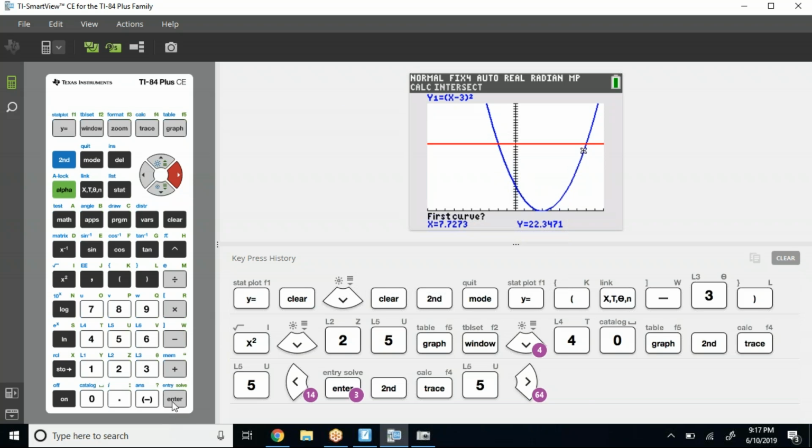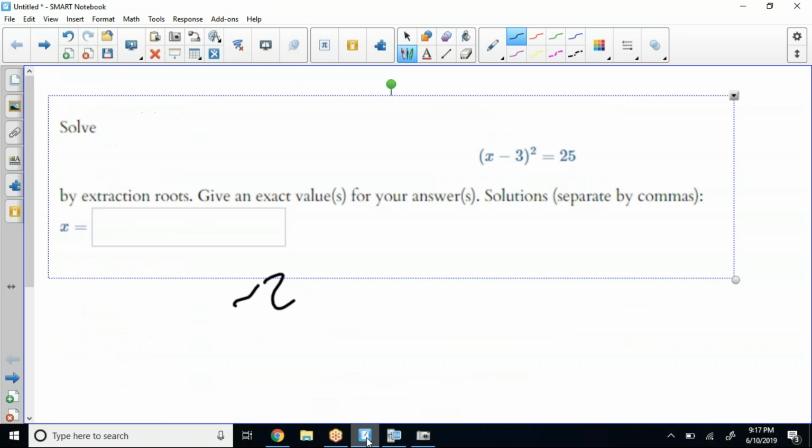So we'll just move it over there, enter, enter, enter, and that's at 8. So the answers are -2 and 8. You need to put it as -2, 8.